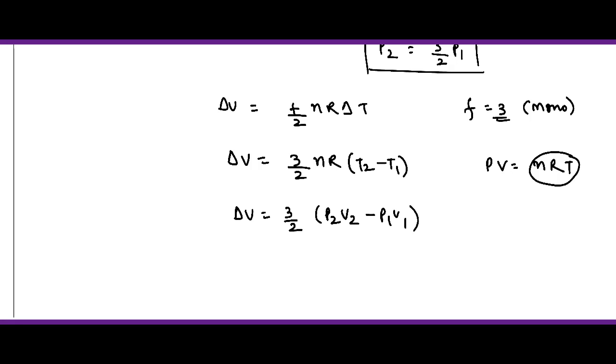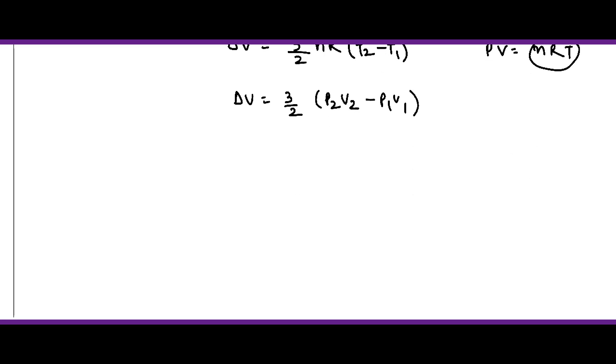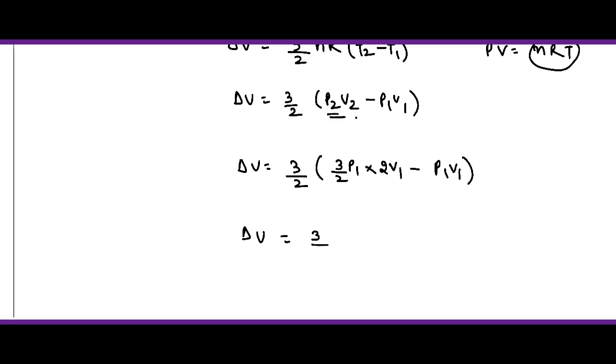Now I put in the value of P2 which I calculated. So delta U equals 3 by 2 into (3 by 2 P1 into 2V1 minus P1V1). After solving this, my internal energy comes out to be 3 P1V1.